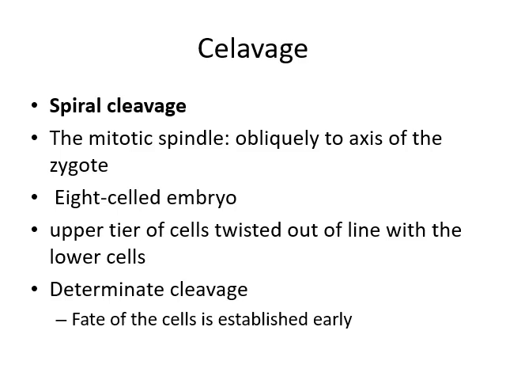Then cleavage is also of two types: determinate cleavage and indeterminate cleavage. Determinate cleavage has the fate of cells already established. It means that in protostomes every cell knows its fate. If an embryo is of 8 cells, then each of the 8 cells has some specific function.